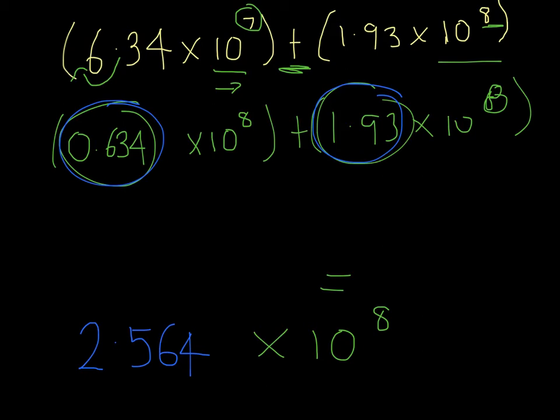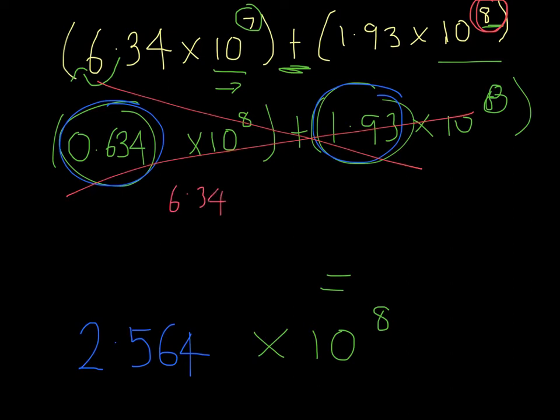Let's now think what would happen if we had done it the other way. Let's see if it still works. So let's forget our working out here for the moment, and think if we had tried to change this power to a smaller one. So we worked with 6.34 times by 10 to the power of 7, adding 1.93 times by 10 to the power of 8.